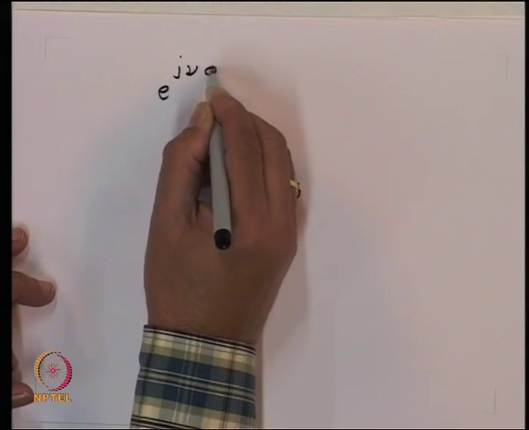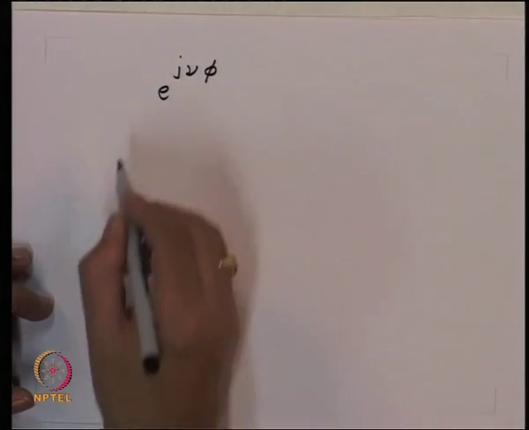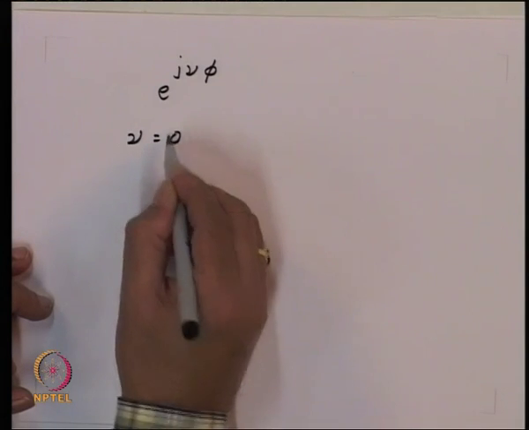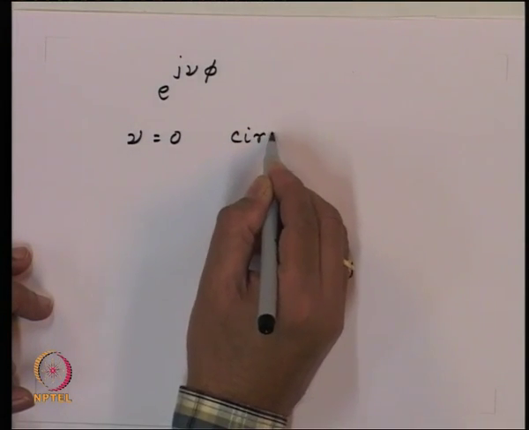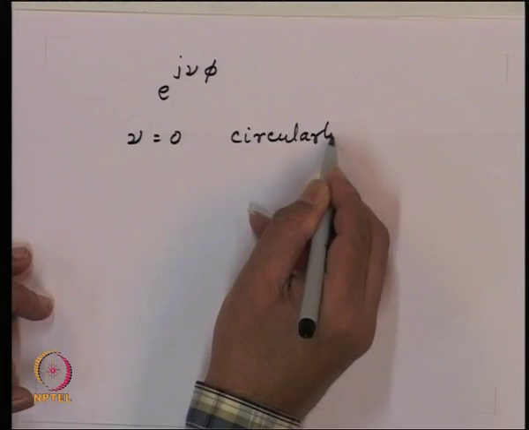So if I look at the function which is e to the power j nu phi, the nu equal to 0 gives me circularly symmetric field.